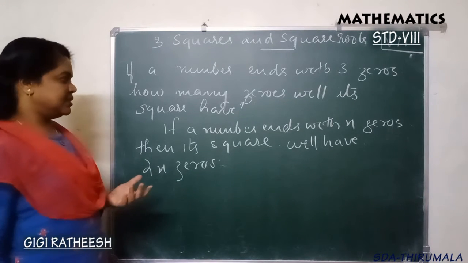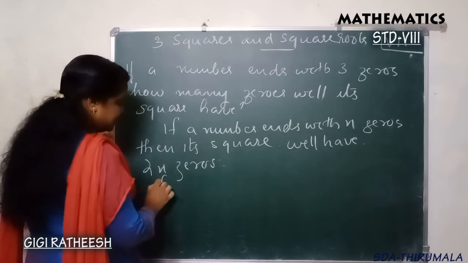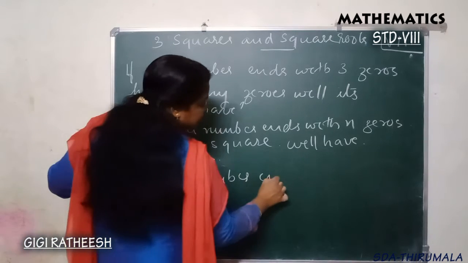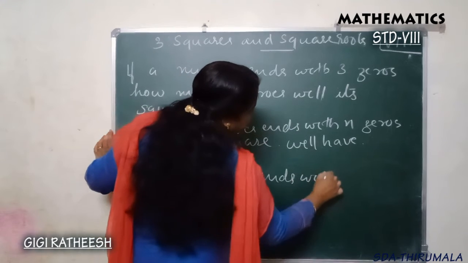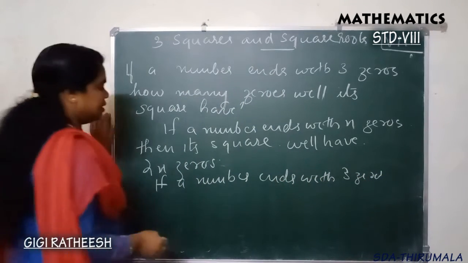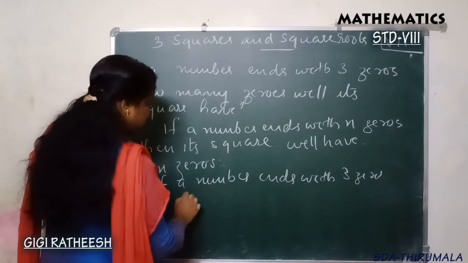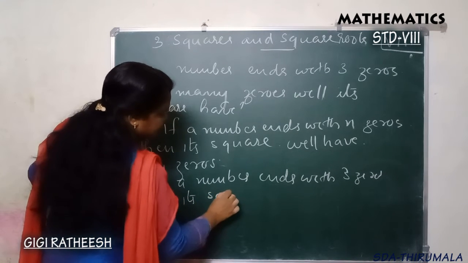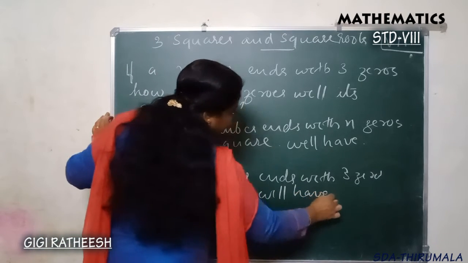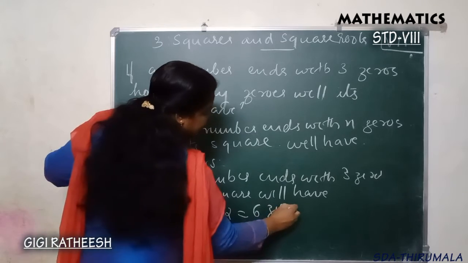If a number ends with 3 zeros, then its square will have 3 into 2, that is 6 zeros.